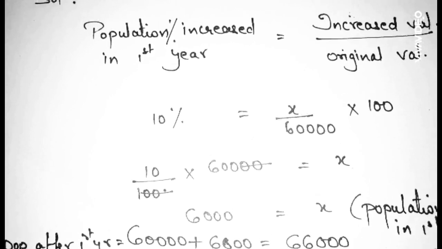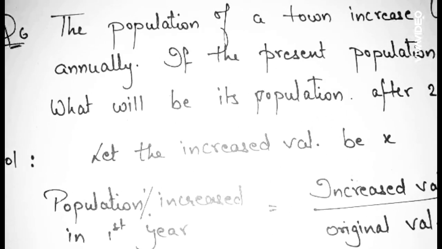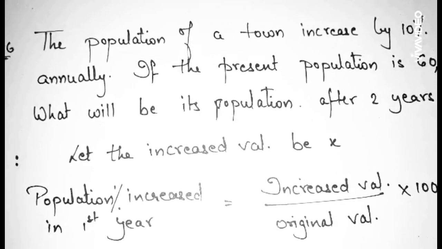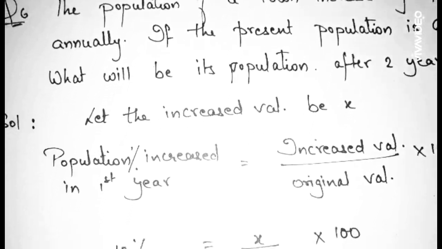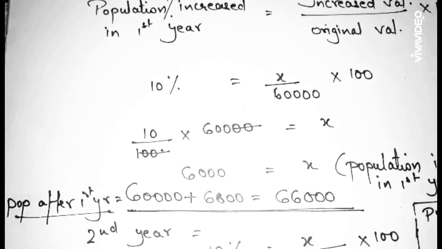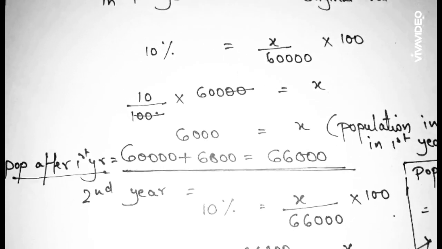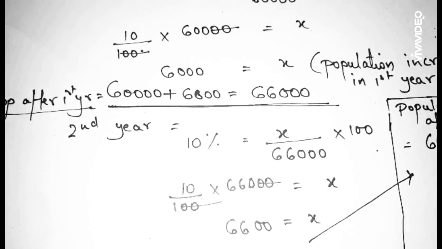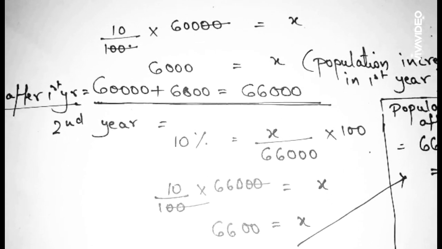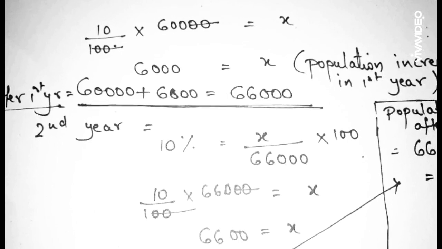Now we have to find the population after 2 years. We found the population increased after 1 year. Now we'll find what the population in the town will be after the second year. The increase percent is 10% annually.